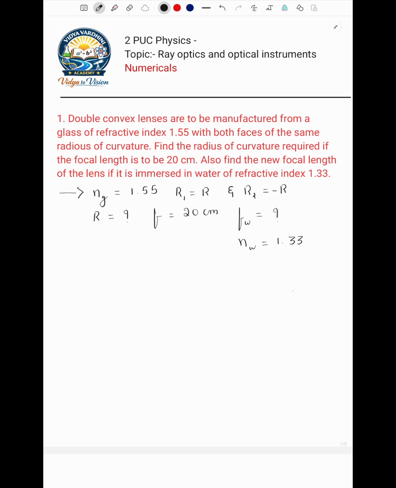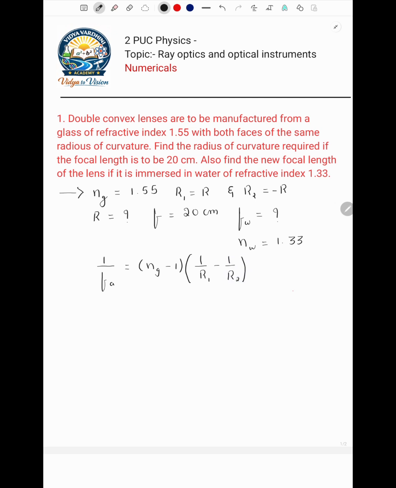Then we have written whatever they have given. Now what do we have to find out? First we have to find the radius of curvature. We know the formula, right? The focal length of a lens in air is given by 1 by F_A is equal to (N_G minus 1) into (1 by R1 minus 1 by R2).